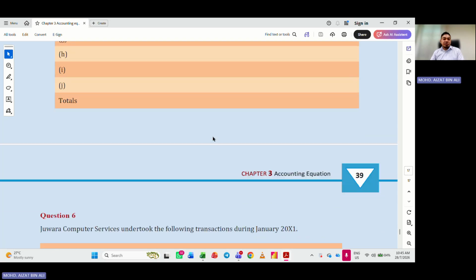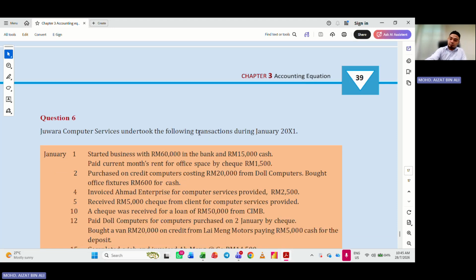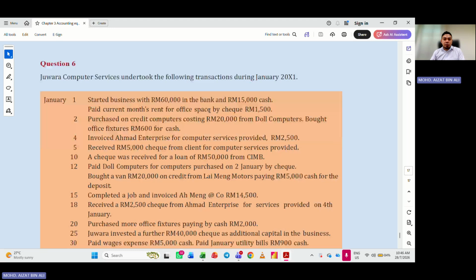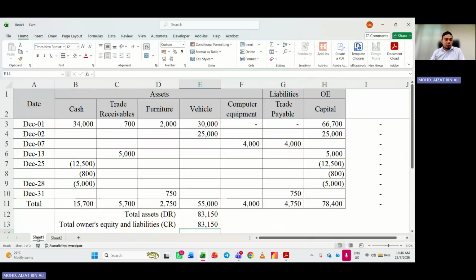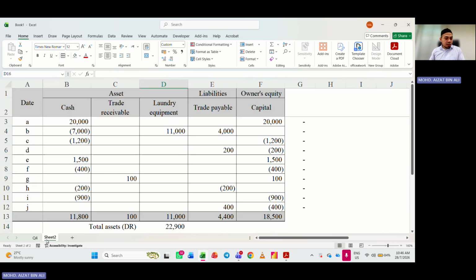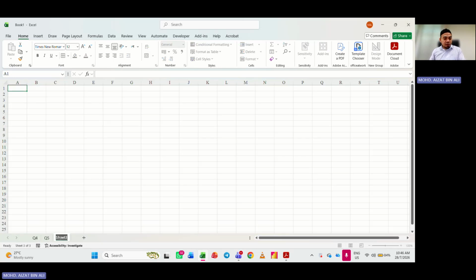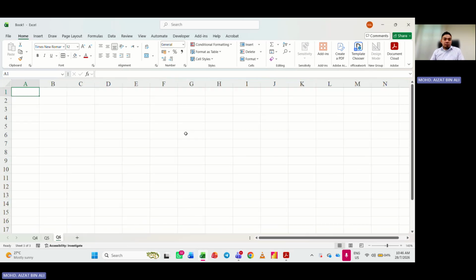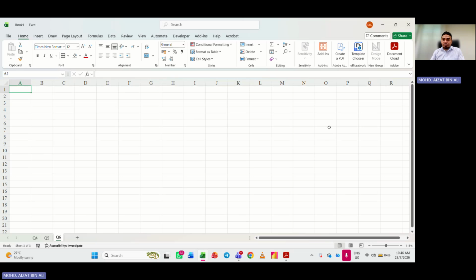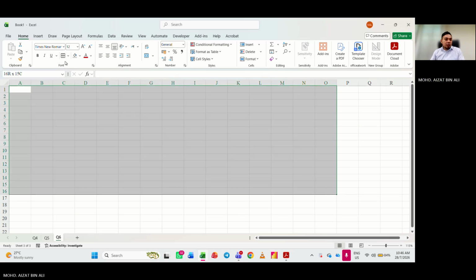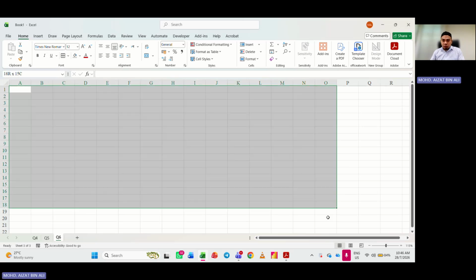Okay, now let's move on to question number 6. Before we begin, let me set up the worksheet. Let me label this as well. Question 4. This is question 5. Next would be question number 6. Okay, firstly, I think this could be enough.